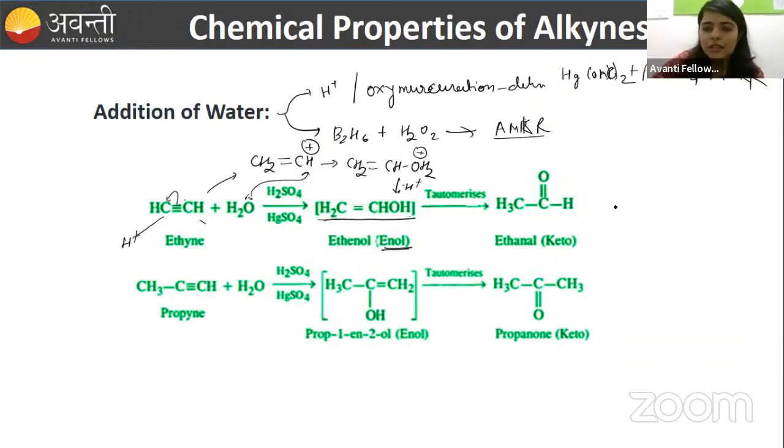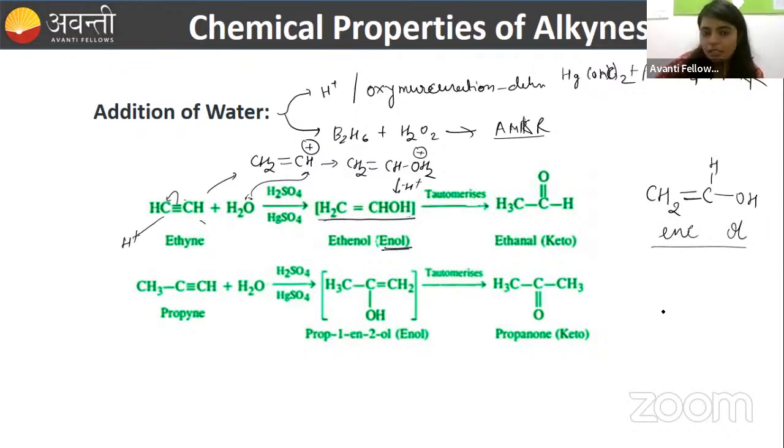Now I need to explain something here. If CH2 double bond CHOH is present, this is your en, the alkene, and this is your ol. So this is an enol kind of system.